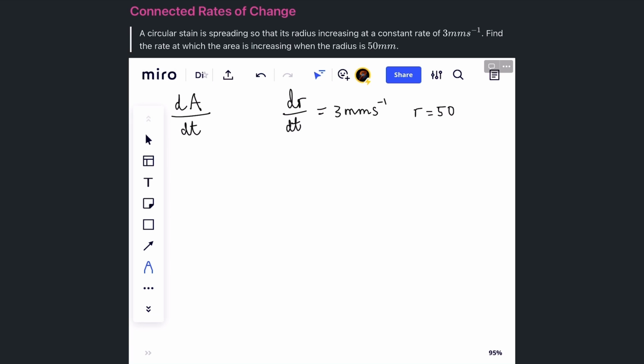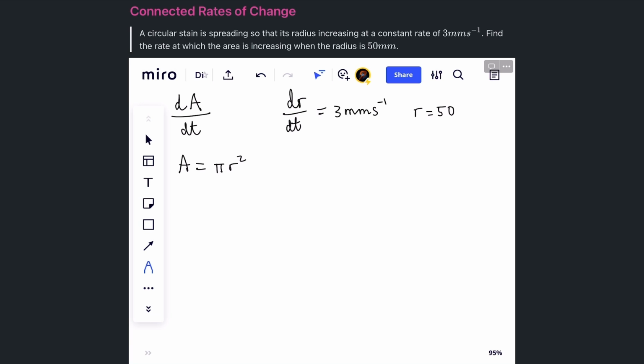So how do we link dA over dt with dr over dt? We know that the area of a circle is pi r squared.